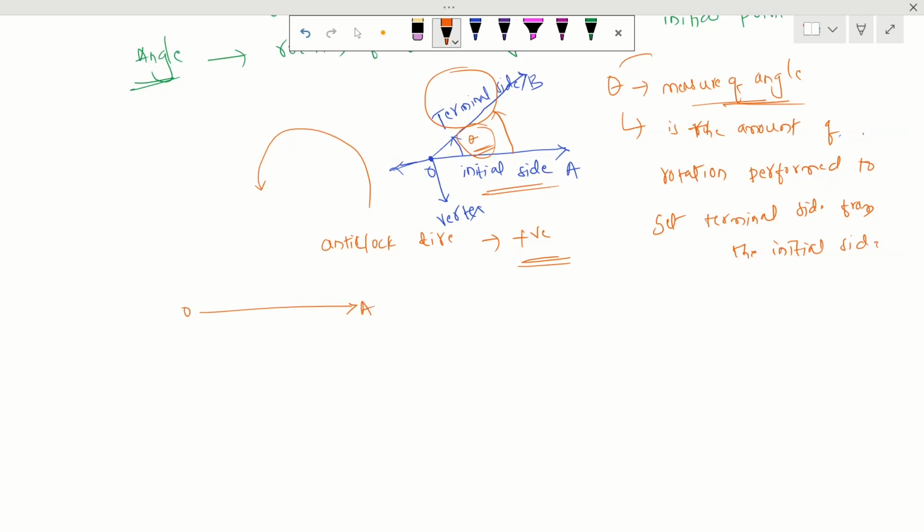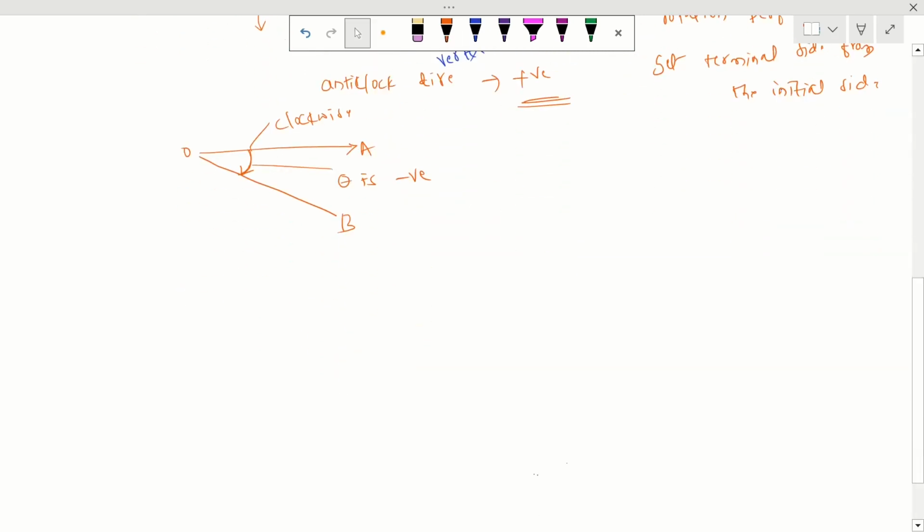The OA ray rotating in the clockwise direction, not anti-clockwise, gives a negative theta. Because when we measure a circle, 0, 90 in the anti-clockwise direction means theta is positive, and this will be called 180 degrees.